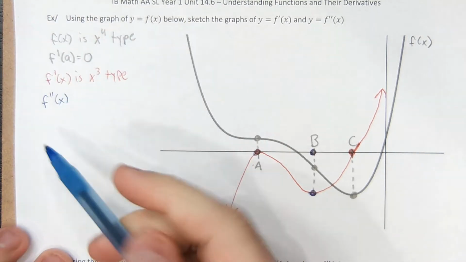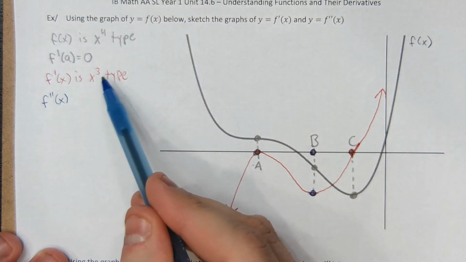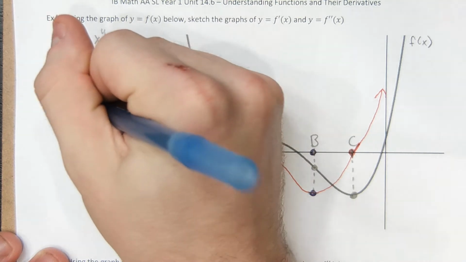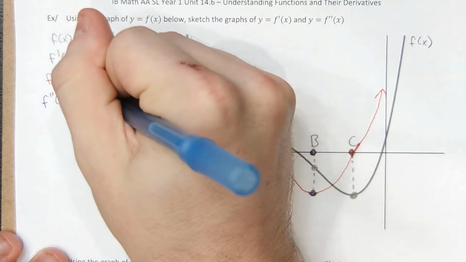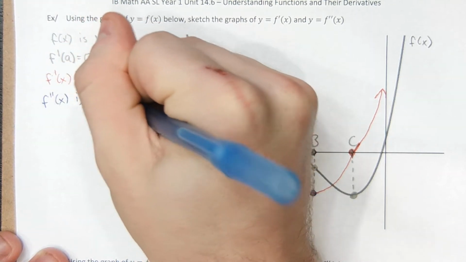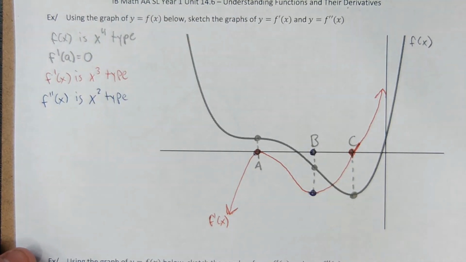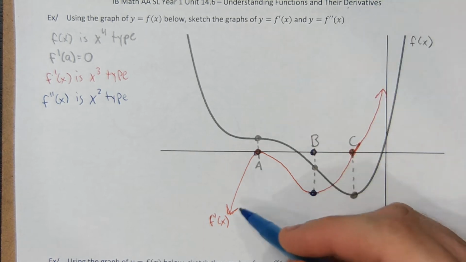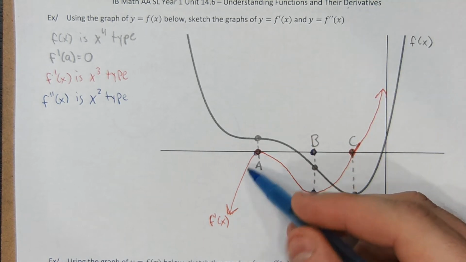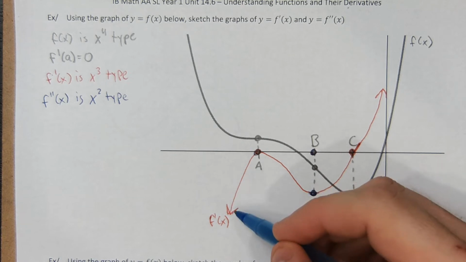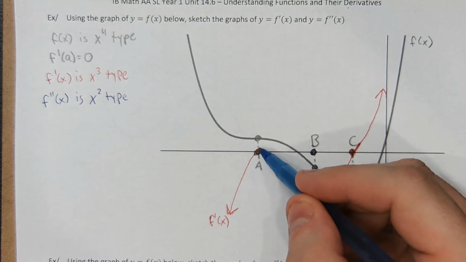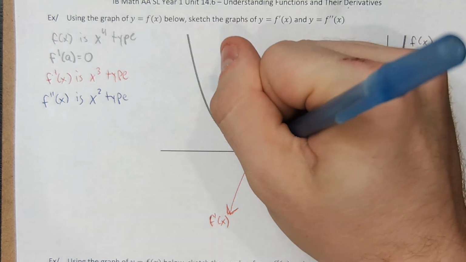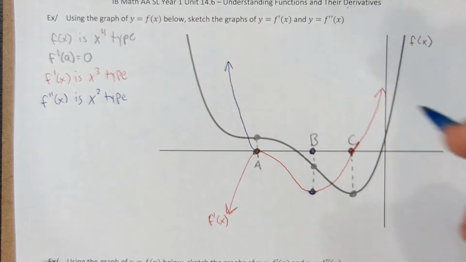Since f prime of x is a positive third degree polynomial, then f double prime is a positive quadratic type graph. Positive quadratics, both ends point up, right? So let's talk about the slopes here. If you're riding the red one as a roller coaster now, you're climbing, climbing, climbing until point A. Those are positive slopes, so you would exist above the x-axis.